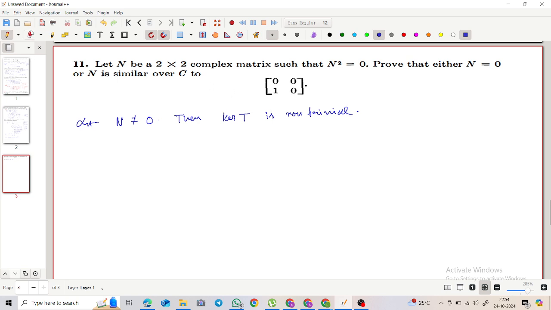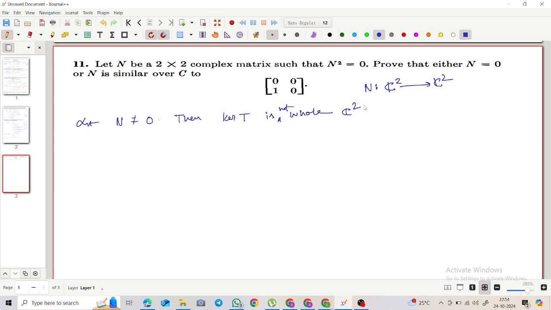Yes. I mean, by non-trivial, I am trying to say the kernel T is not whole. N can be considered as a linear transformation from C square to C square, no? So the kernel T is not whole C square, no? Divya, is it correct that the kernel cannot be whole C square?